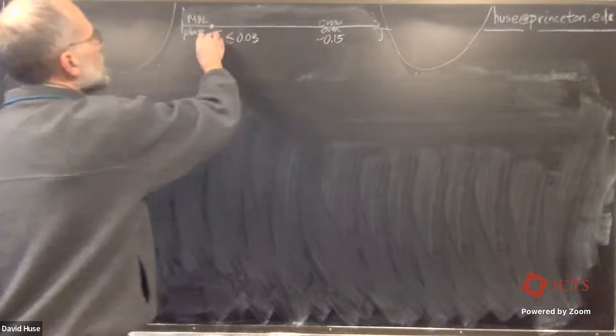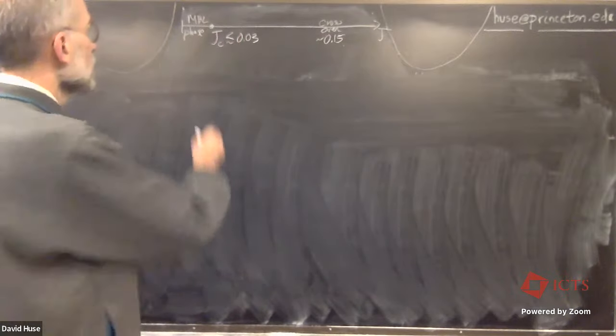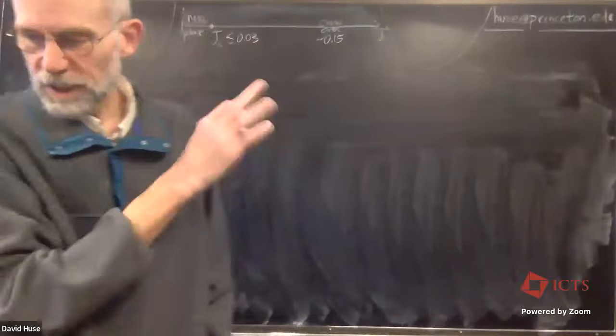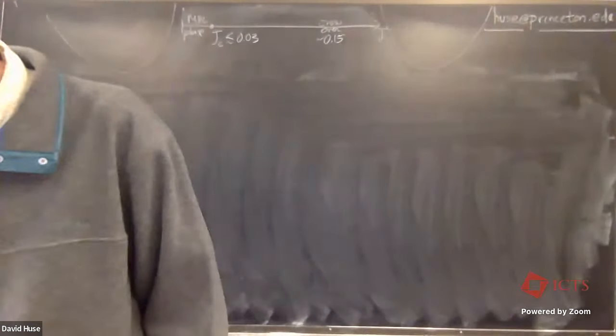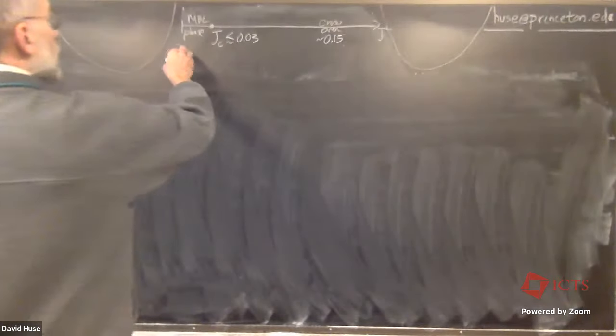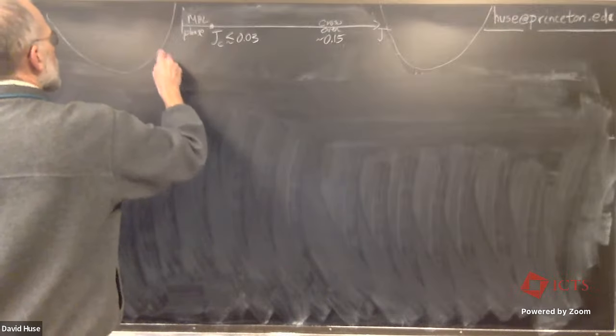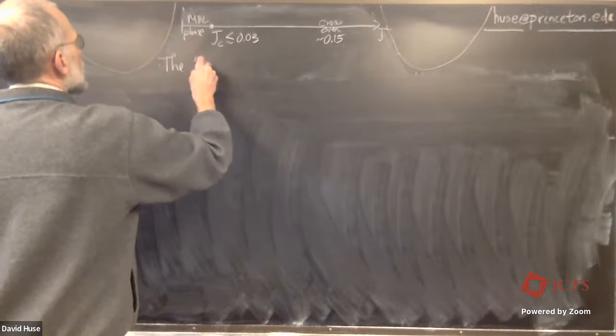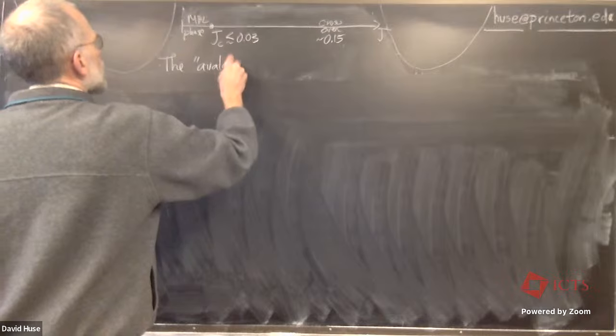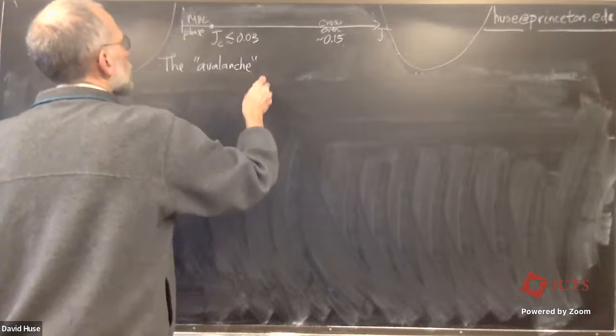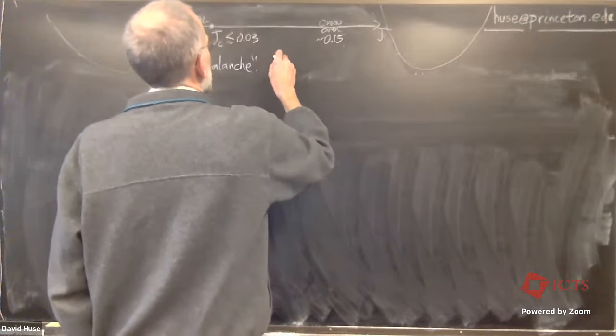So at least a factor of 5 smaller, and it's just a bound, right? So it could be a lot bigger factor. Okay. And so this is coming from the idea of the avalanche.